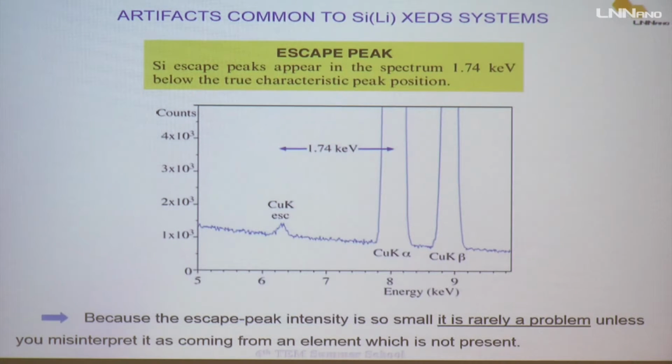There are some artifacts. I will go very quickly here. We have the possibility of escape peaks. Why escape peaks? If you have many, many photons of one energy, it is probable that a photon arriving in your detector, instead of creating an electron-hole pair, will fluoresce silicon inside the detector, okay?